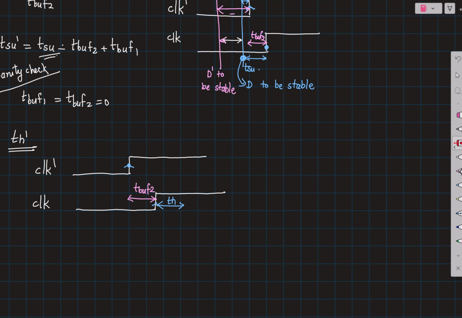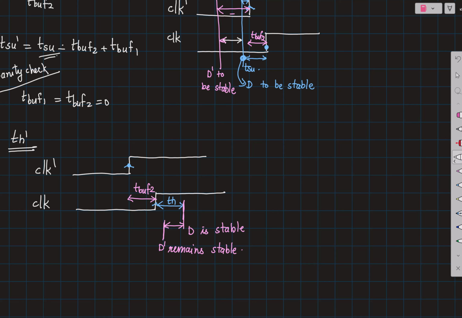Now if your data has to remain stable till this point, that means your D is stable till this point. That means your D dash could have changed sometime before. So D dash has to remain stable till this point. And the delay between these two will be the delay in the data path, in the path of the D signal.